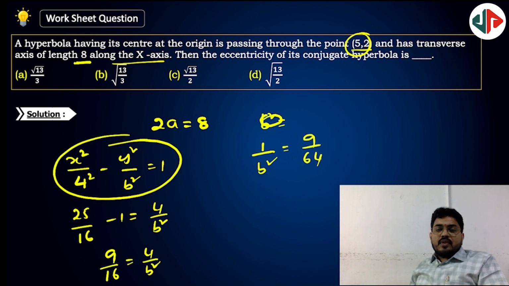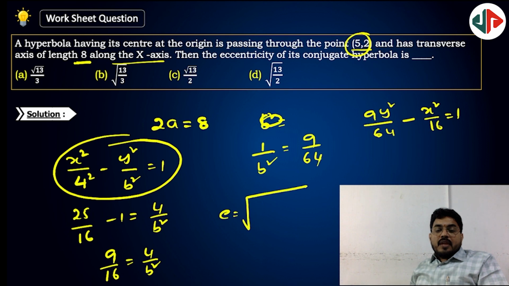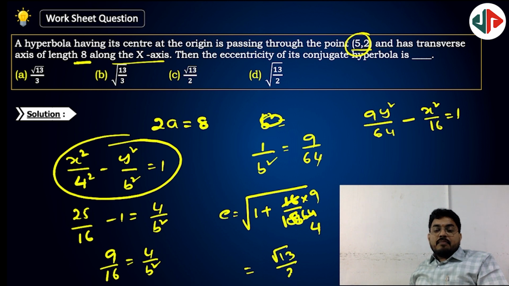Its conjugate hyperbola will be 9y square by 64 minus x square by 16 is equal to 1. Eccentricity is equal to root over 1 plus 16 by 64 into 9, sorry, this is 64 into 9 by 16, here 4 will be there, which is equal to root 13 by 2.